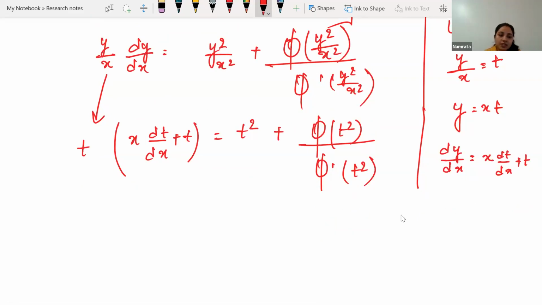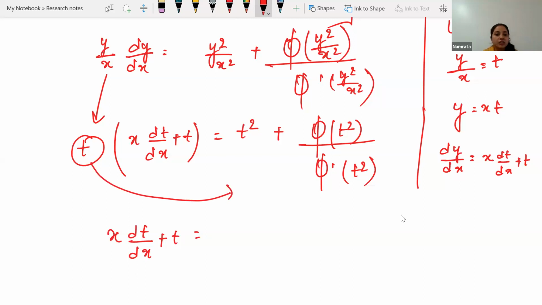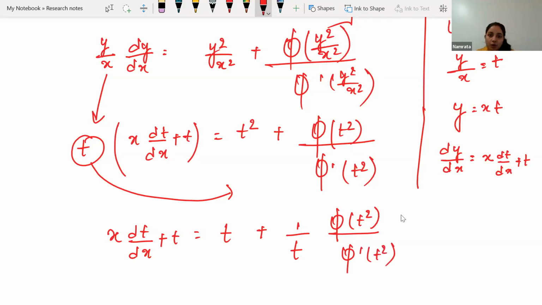This t, if we send it to the other side, we will have x dt dx plus t is equal to t square by t. This t will go over here and will be in division with the first term and the second term. So t square by t will be only t. Here we will have 1 by t, phi of t square over phi dash t square. This is what we have in hand for now.